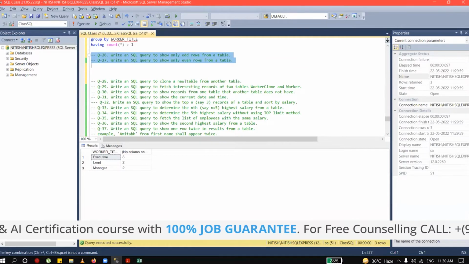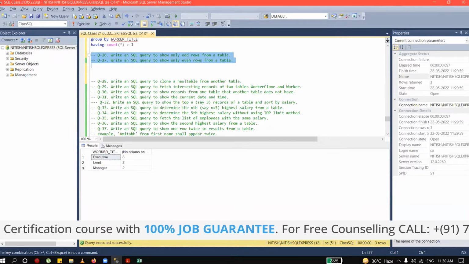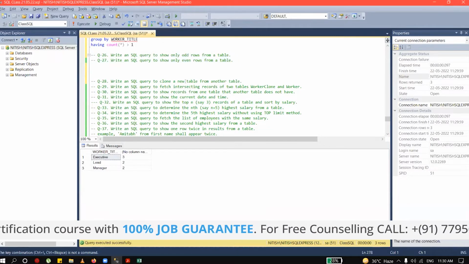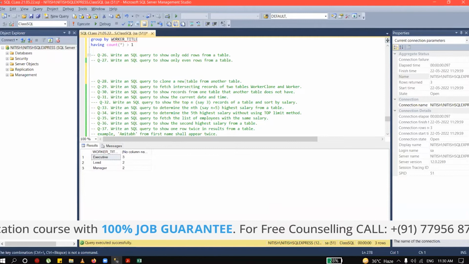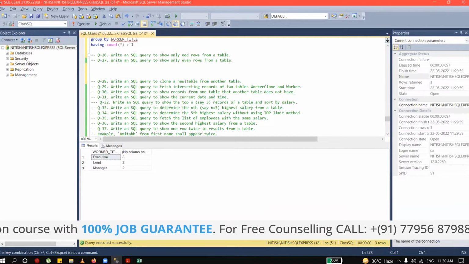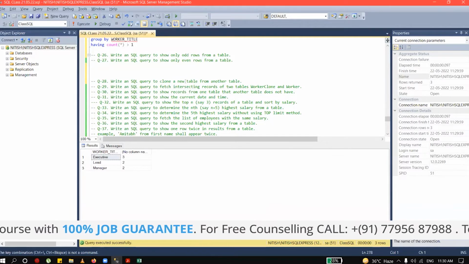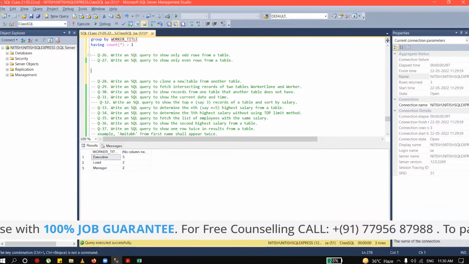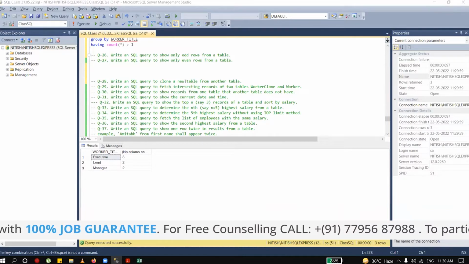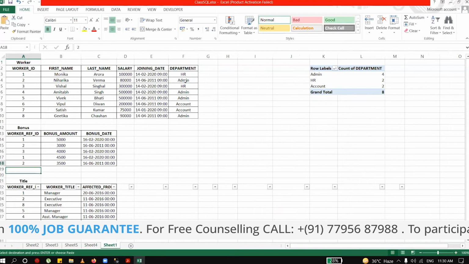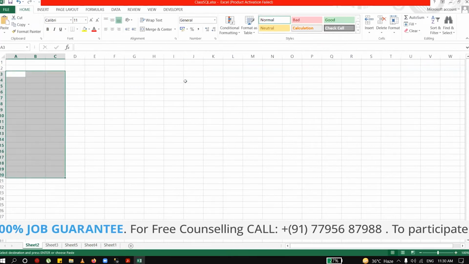So guys, out of these 2 questions, I'm trying to fetch one of the questions. The other will be exactly a replica of it, to show even number of rows and odd number of rows of a table.